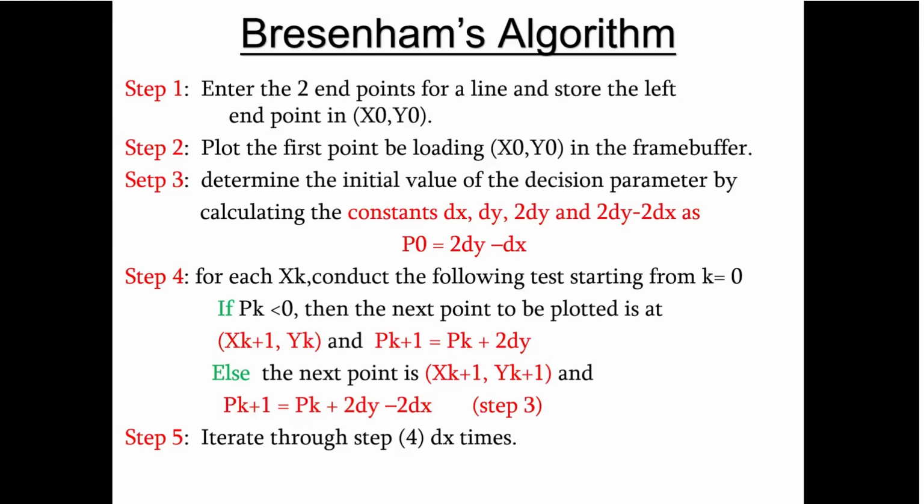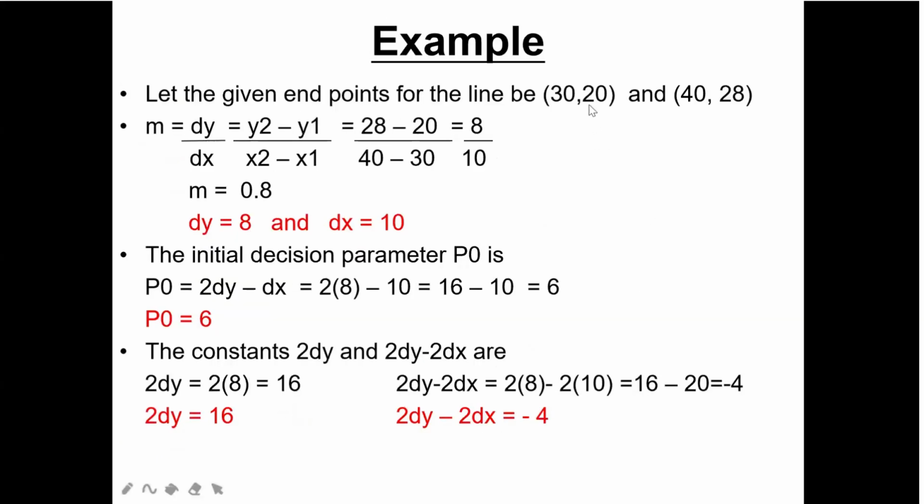Okay, now I have an example. We'll see how this example works out. You can also solve it with me. Let's take the two endpoints given in the question paper.